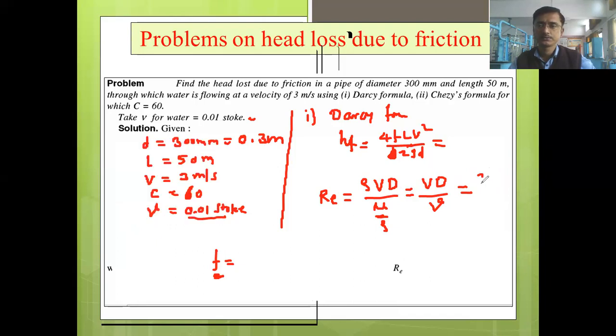V is 3 into D, 0.3 divided by ν. ν दिले आपल्याला, स्टोक्स मध्ये दिले. कन्वर्ट करा, स्टोक्सचं सेंटीमीटर स्क्वेअर पर सेकंड मधून मीटर स्क्वेअर पर सेकंड मध्ये कन्वर्ट करायचं. हाऊ मच इट विल बिकम, काय फॉर्म्युला आहे स्टोक्सचं कन्व्हर्जन करायचं असेल तर 1/10. 1/10. Is it the formula?